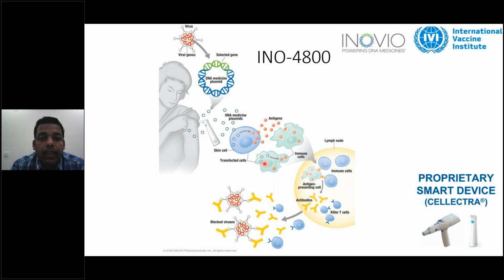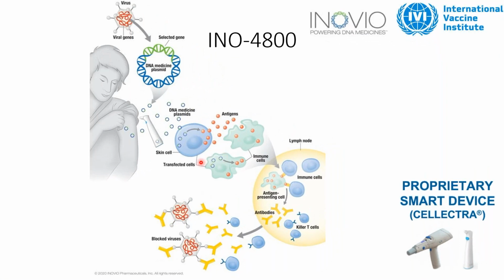An example of this DNA vaccine is the INO 4800, which is being made by Inovio and the International Vaccine Institute in the USA. Here they have again selected the spike protein gene, formed this DNA plasmid.